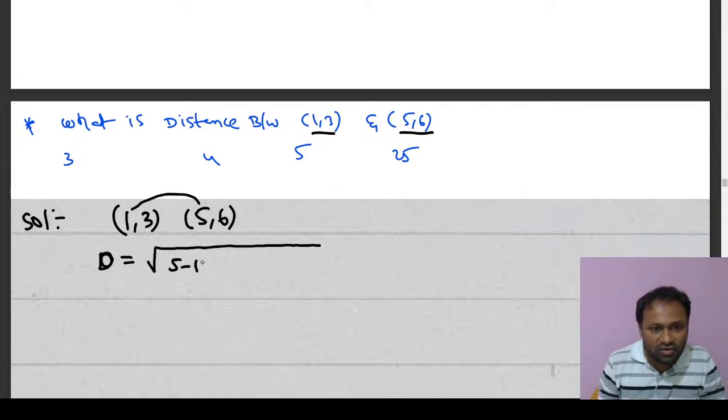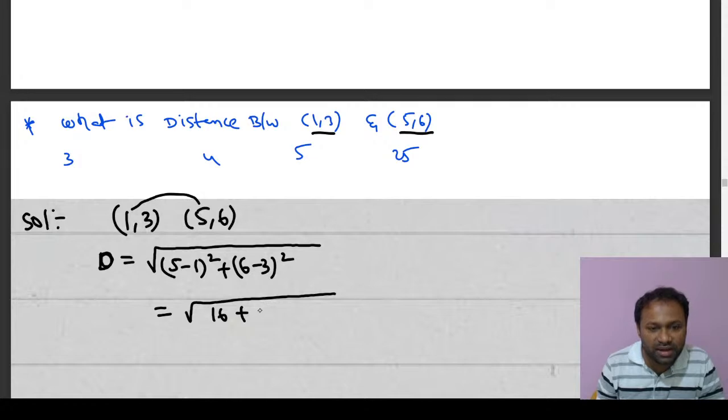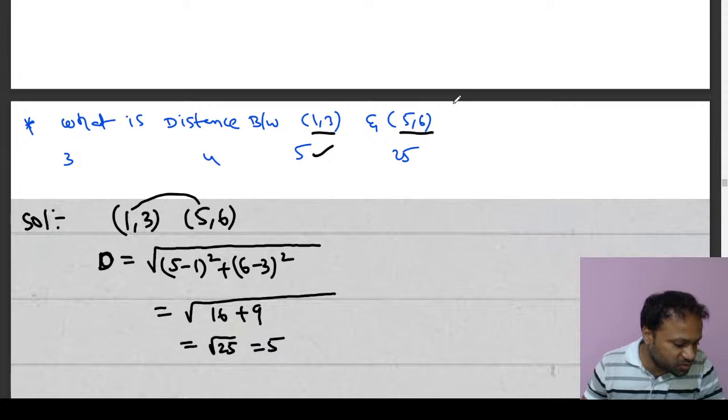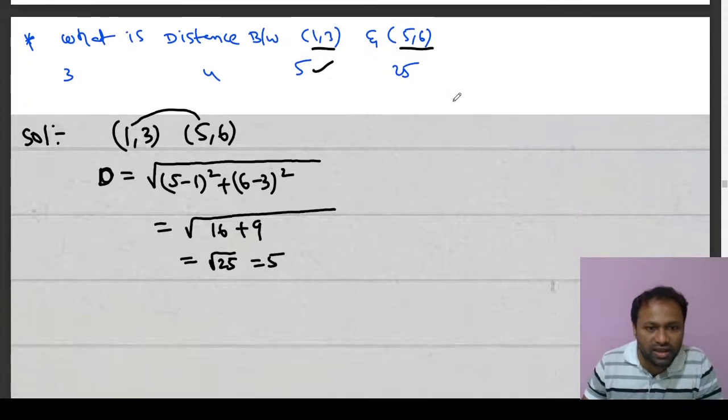Let us check. 5 minus 1 whole square plus 6 minus 3 whole square, that is 4 square, 16, plus 3 square, which is 9. So 16 plus 9 is root 25, hence the answer will be 5. That is exactly the correct answer. 5 is correct. Yes, Asha, that is correct, 5.